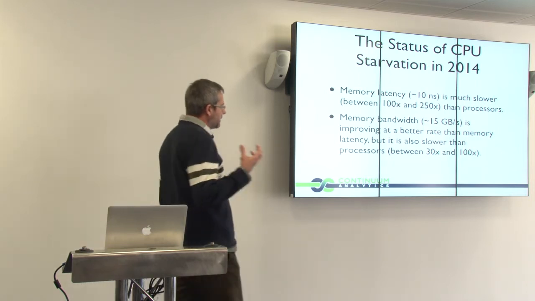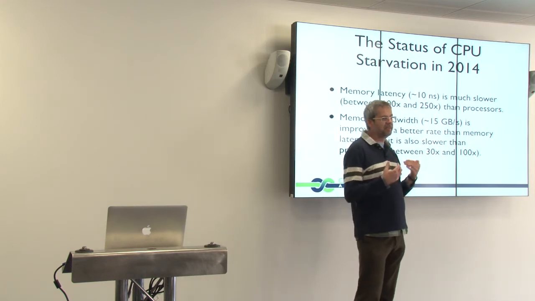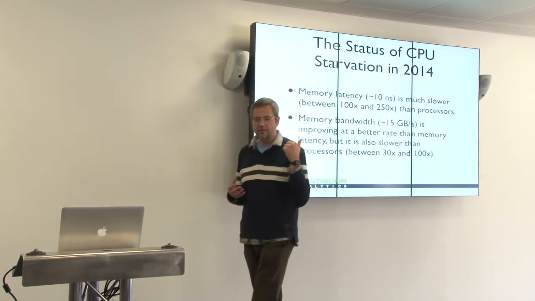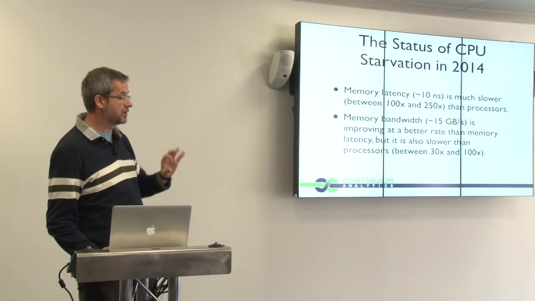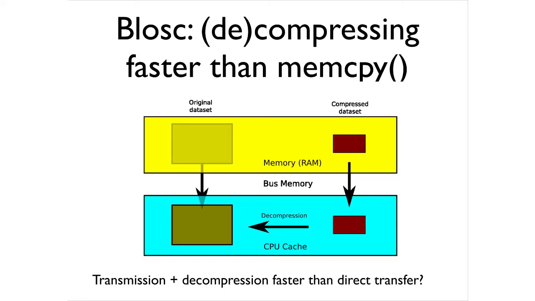So the main point about Blosc is that CPUs have to wait for data, doing nothing. The idea of Blosc is to do compression and decompression instead of making the CPUs wait.